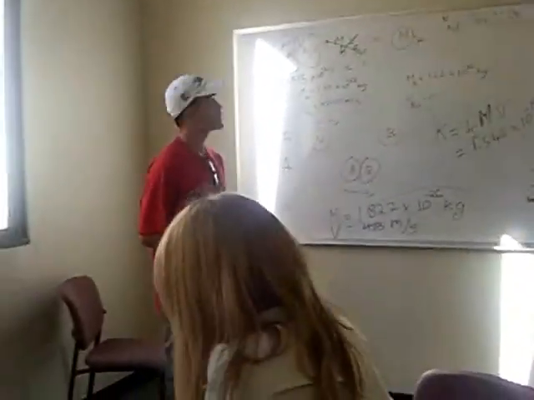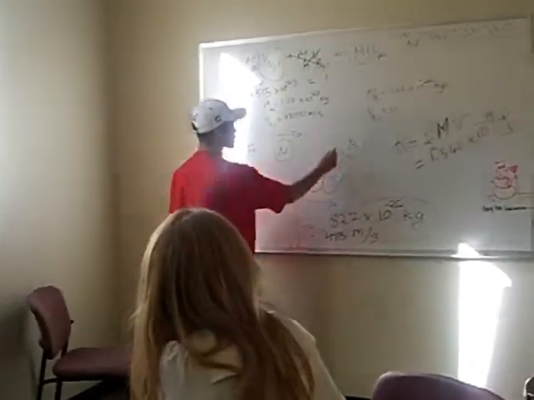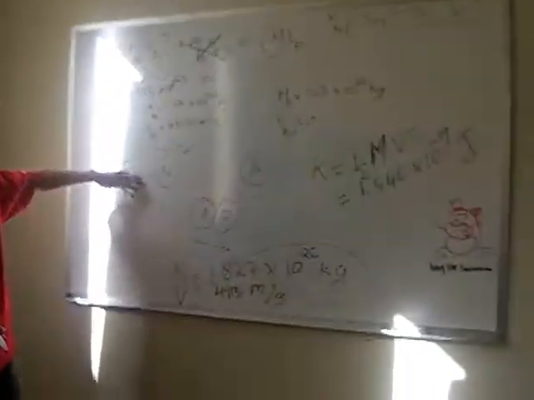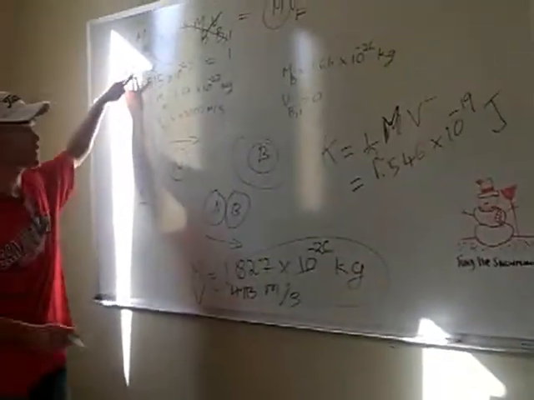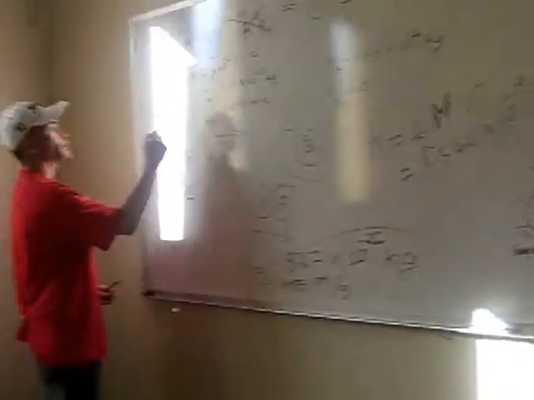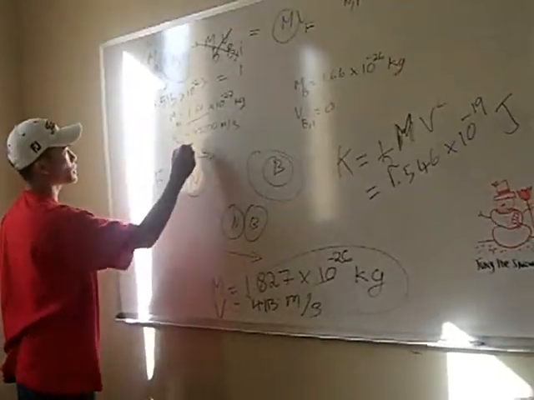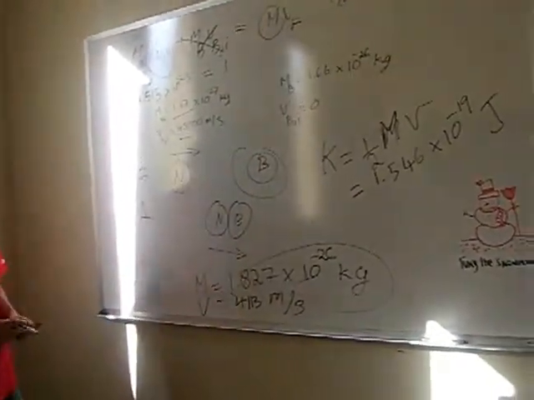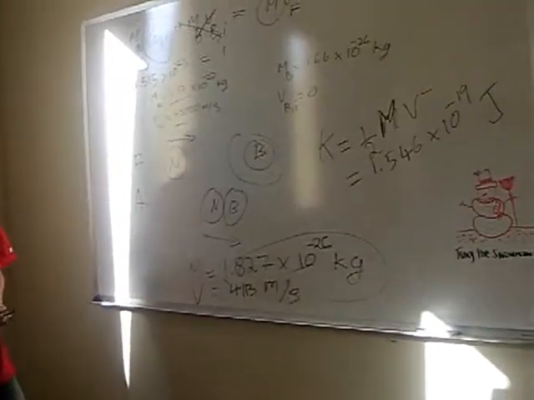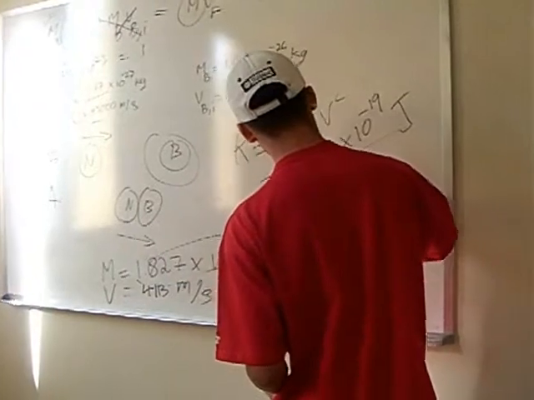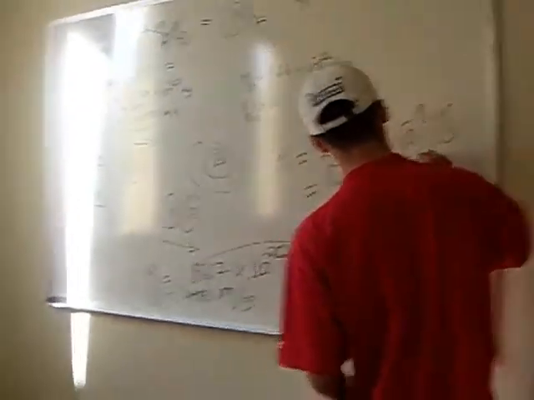So we want to put it in a fraction of the final over the original kinetic energy. Since the boron was not moving, it's just at rest, all we have to do is find the initial kinetic energy of the neutron, which is 1/2 times the mass times the squared velocity. That's gonna equal 1.69 times 10 to the negative 18.